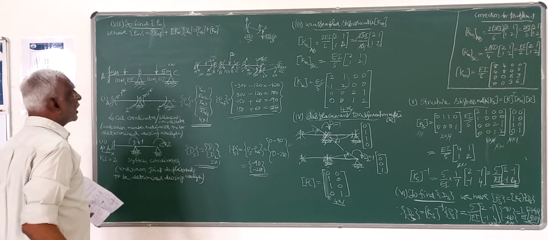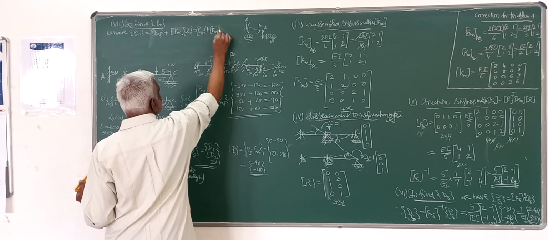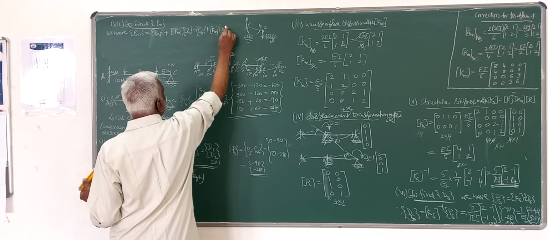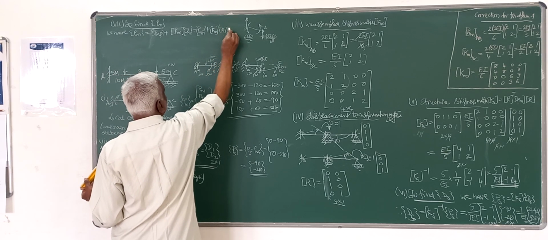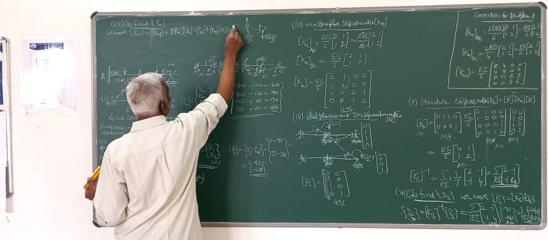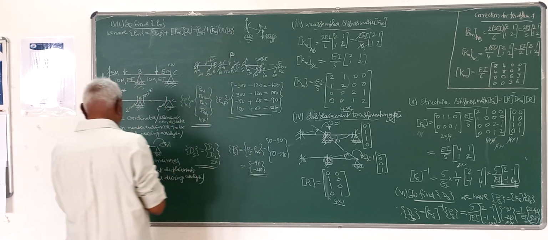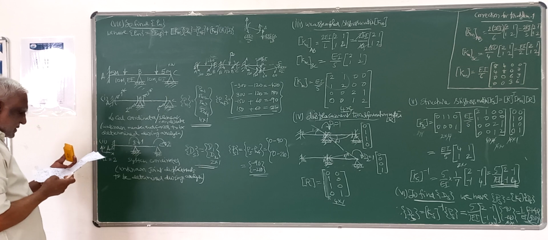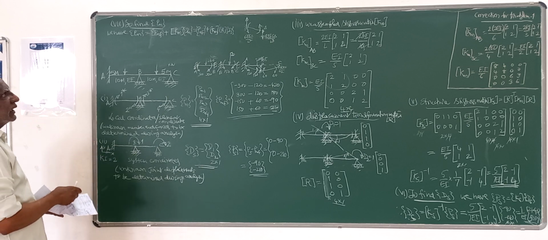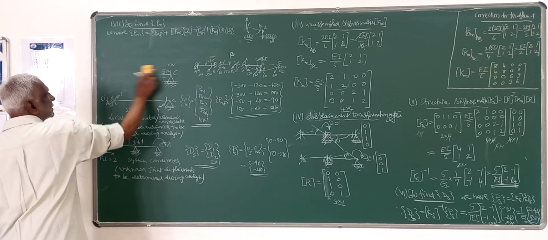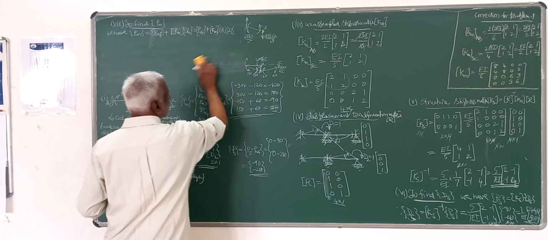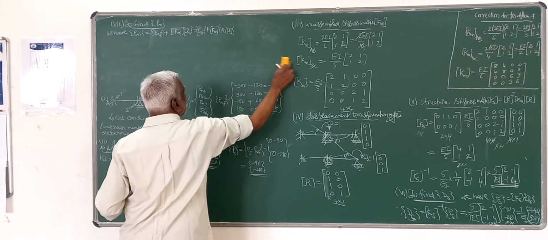By the principle of contragredience, dm is given by r into ds. That's what we do. So using that right away, you can work out the PM.